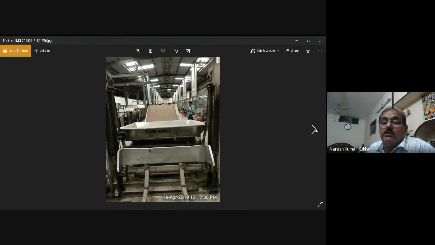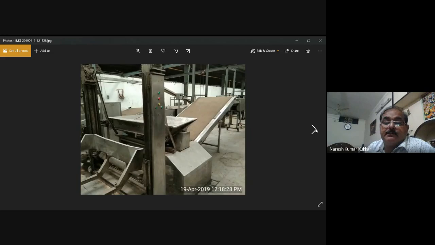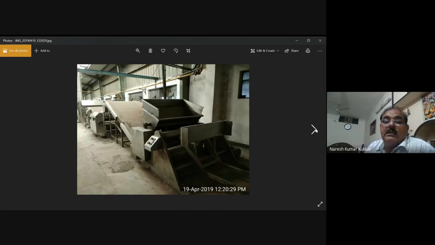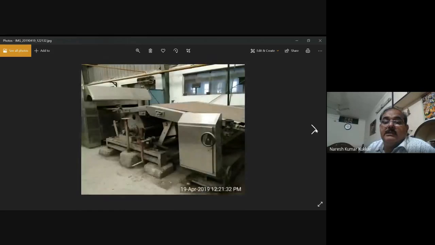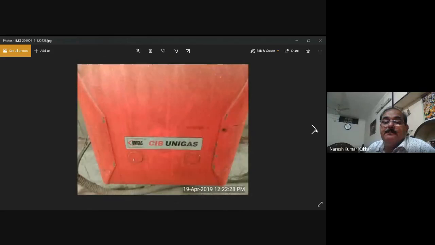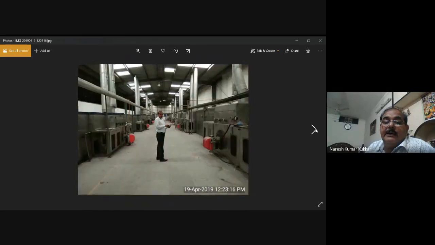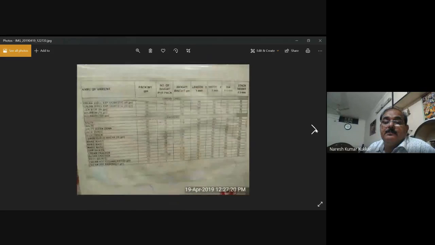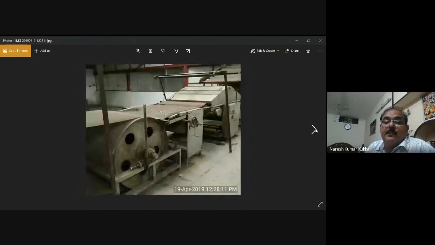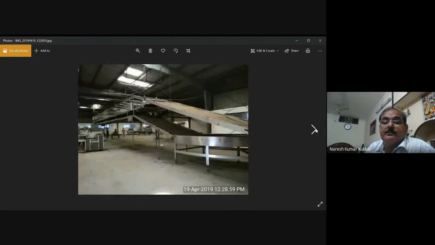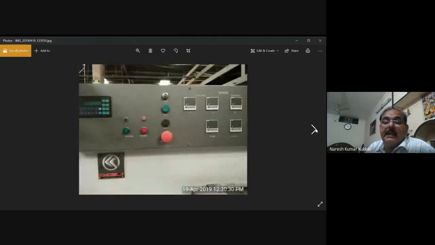The dough hopper, where dough is created to make the biscuits. Then it comes to different stages: baking area, then drying area, then again drying area, cooling area, packing area.